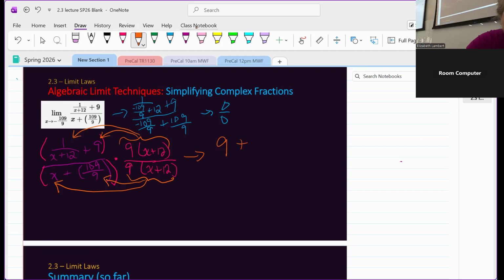The second part, though, we're going to get 81 times x plus 12. Then to that x, it'll be the 9x times x plus 12 plus, now the 9's cancel, so we just get 109 times x plus 12.